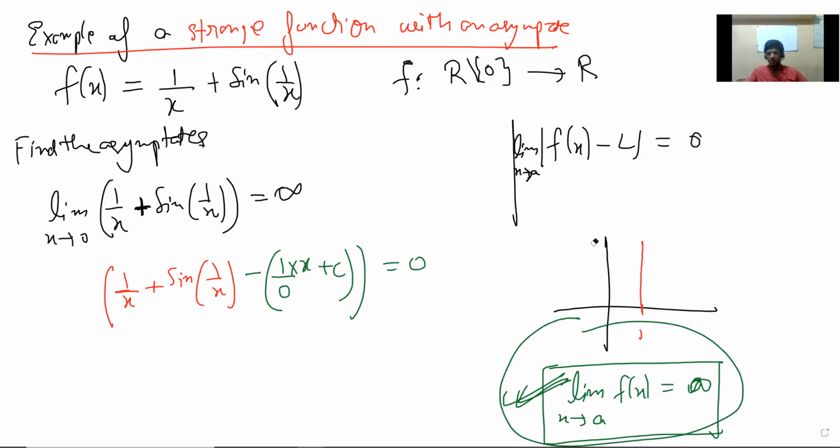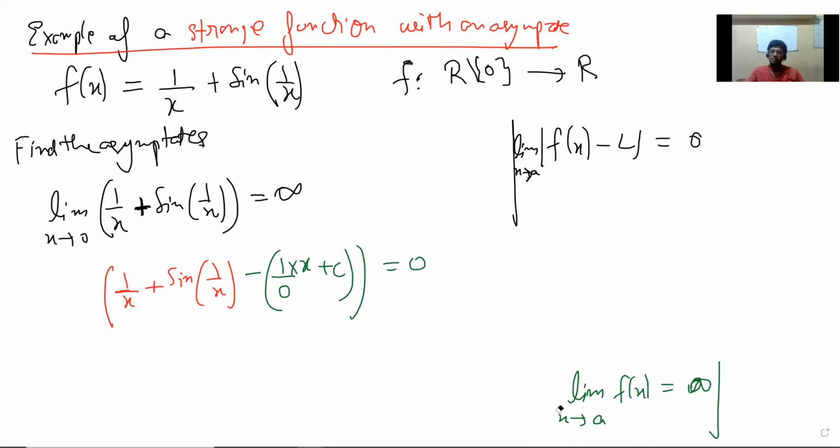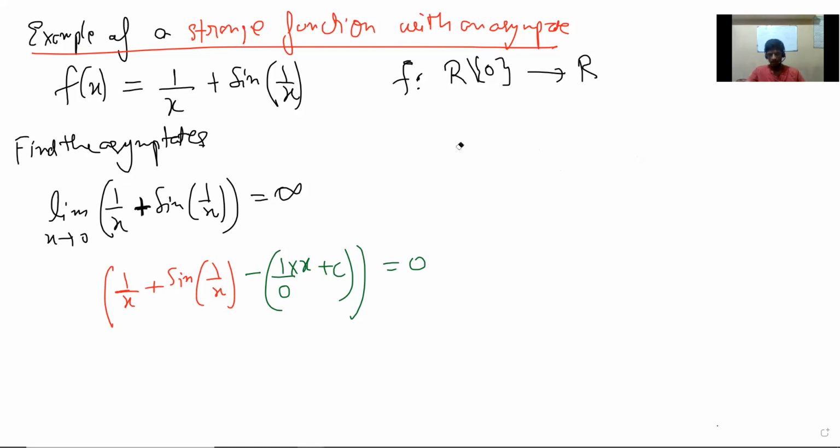You can say in the paper, if you're writing, that my definition of vertical asymptote is this. Usually they'll just mention it also. But that was not the point of this question, because so far there is nothing strange. Everybody can say that the vertical asymptote is the y-axis. That's okay.